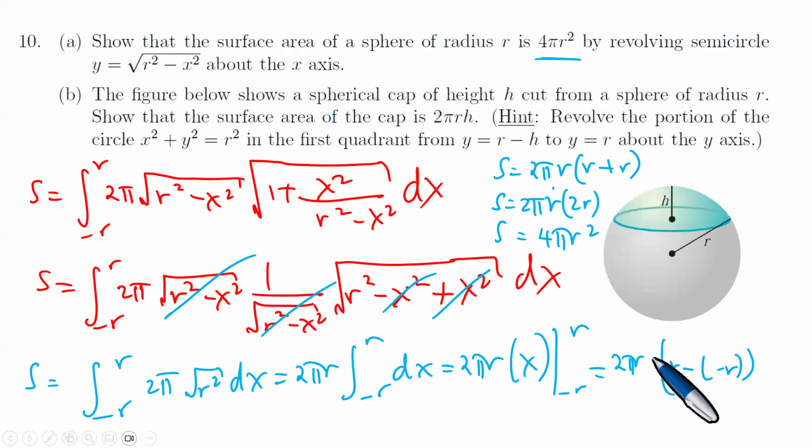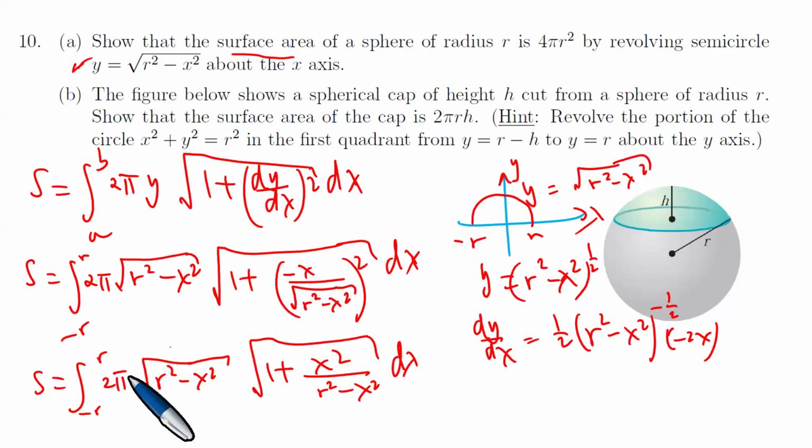Any question about this? This gives us the actual surface area of a sphere of radius R by revolving the semicircle about the x-axis.